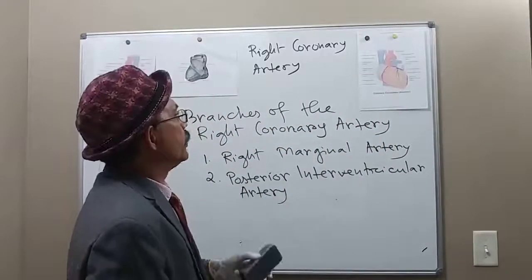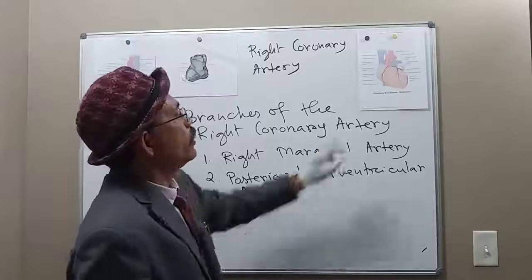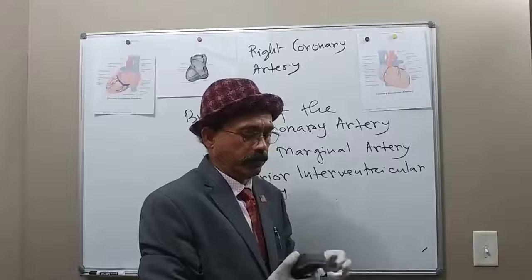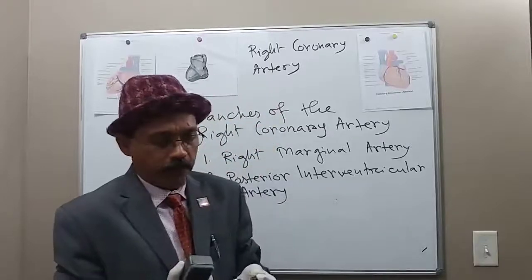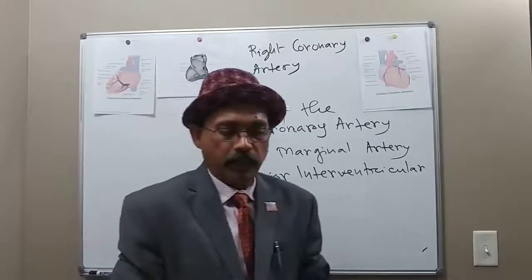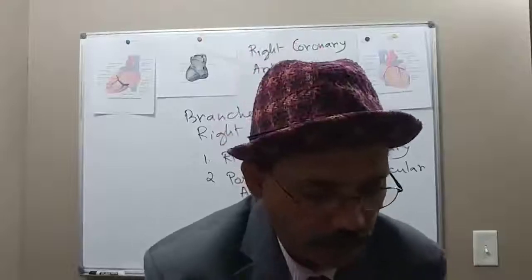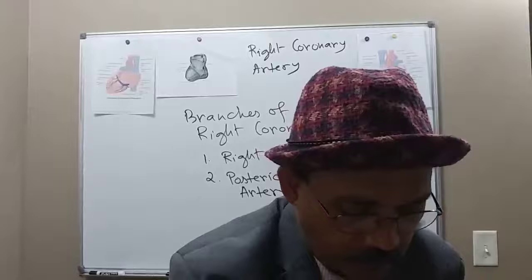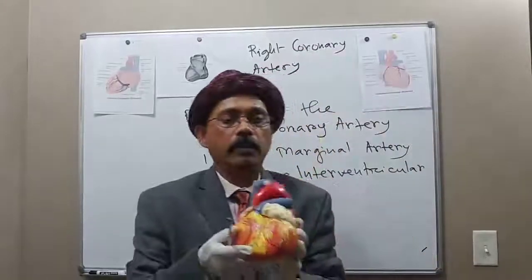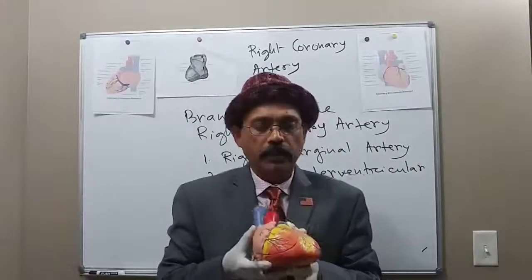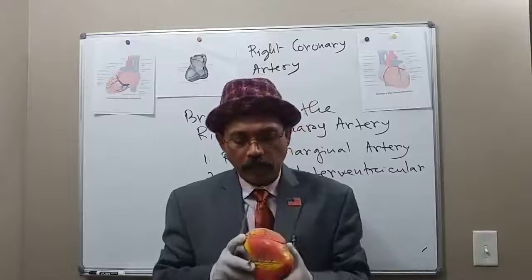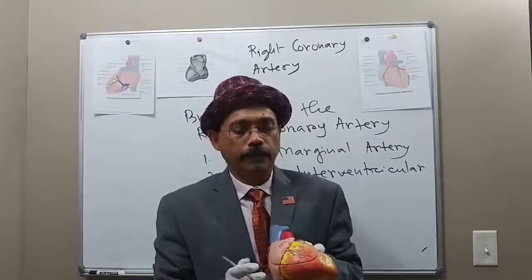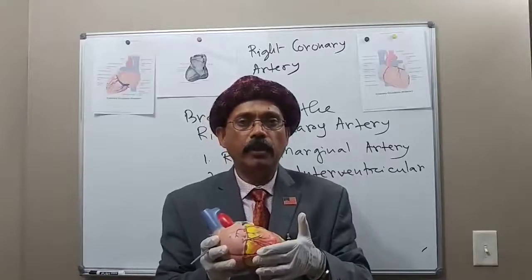The right marginal artery passes along the inferior border of the heart. If you compare this with the model, this is the heart, this is the inferior border, and we have the right marginal artery along the inferior border.